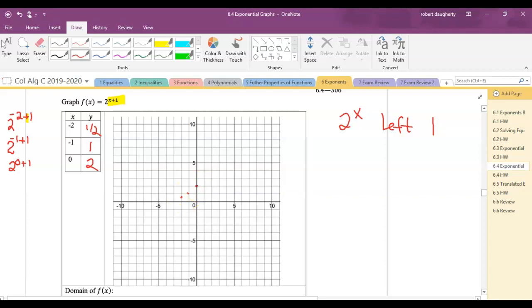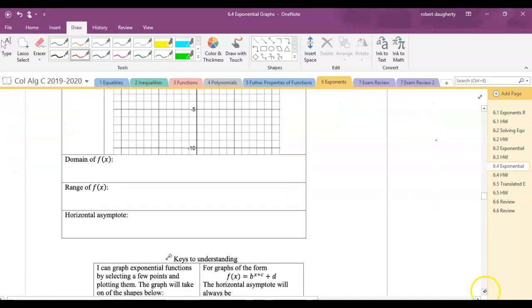And you can see what this graph is doing. What is the horizontal asymptote here? Y equals 0, okay? So y equals 0 is our horizontal asymptote. The range of this function is 0 to infinity. Domain is negative infinity to infinity.